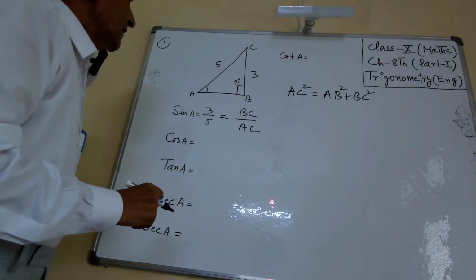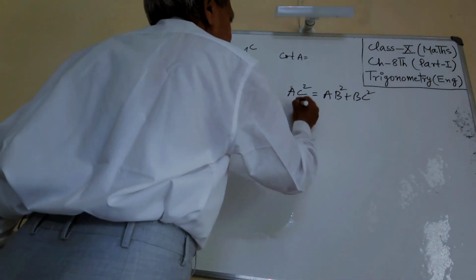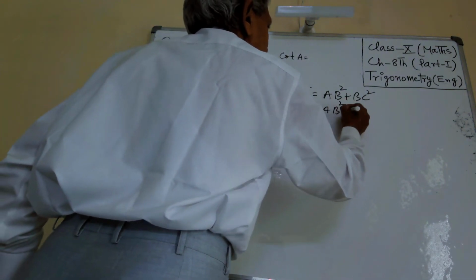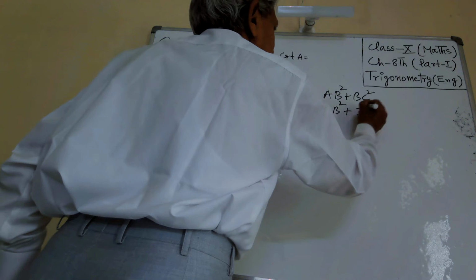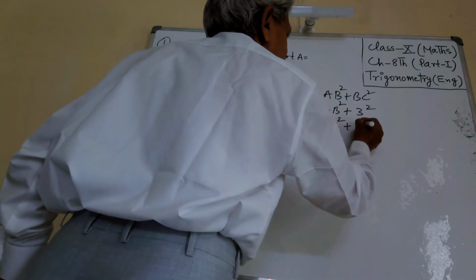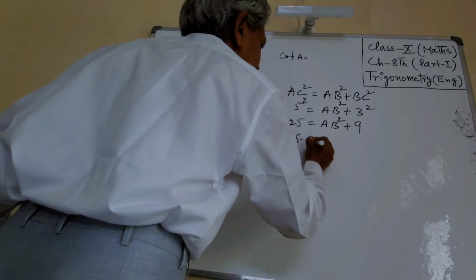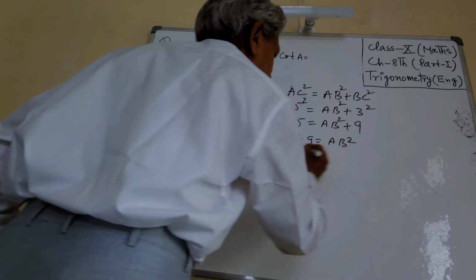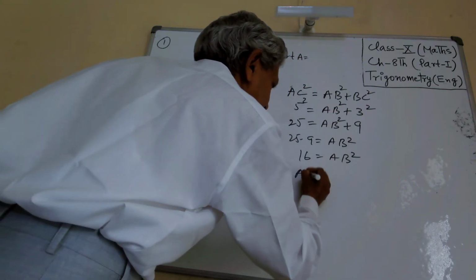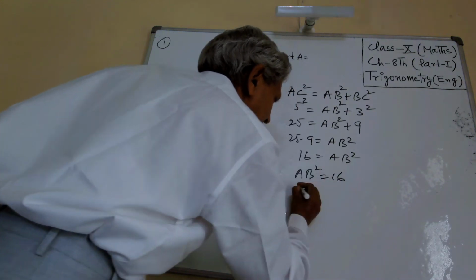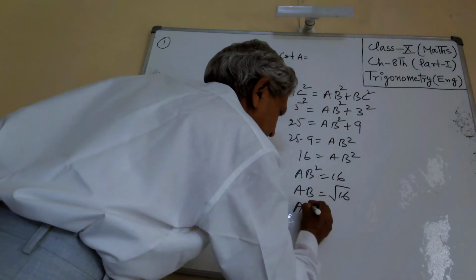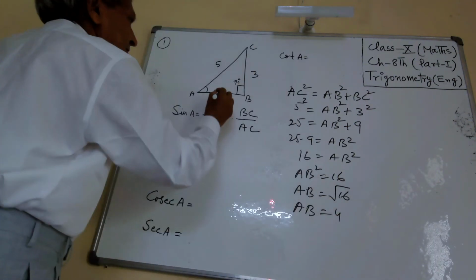By putting the value of AC as 5 and BC as 3, 25 is equal to AB square plus 9. 25 minus 9 is equal to AB square. 16 is equal to AB square, AB is equal to under root 16. AB is equal to 4. Here, this side is 4.